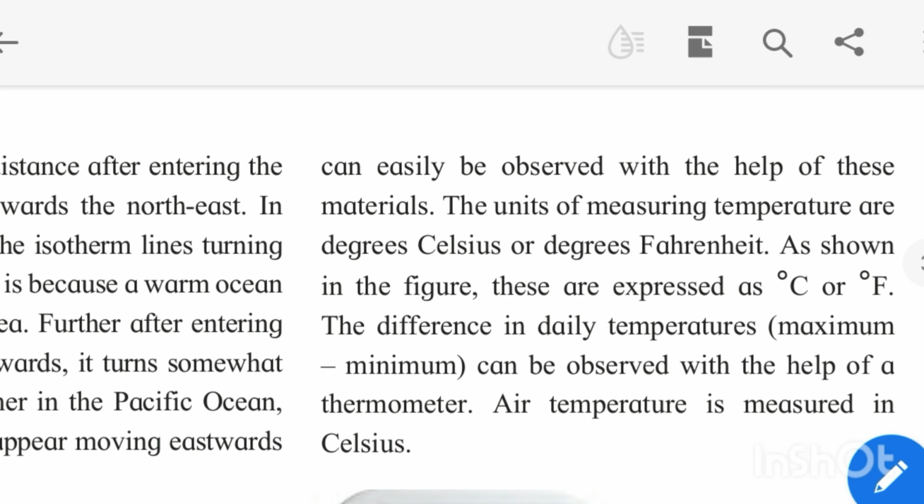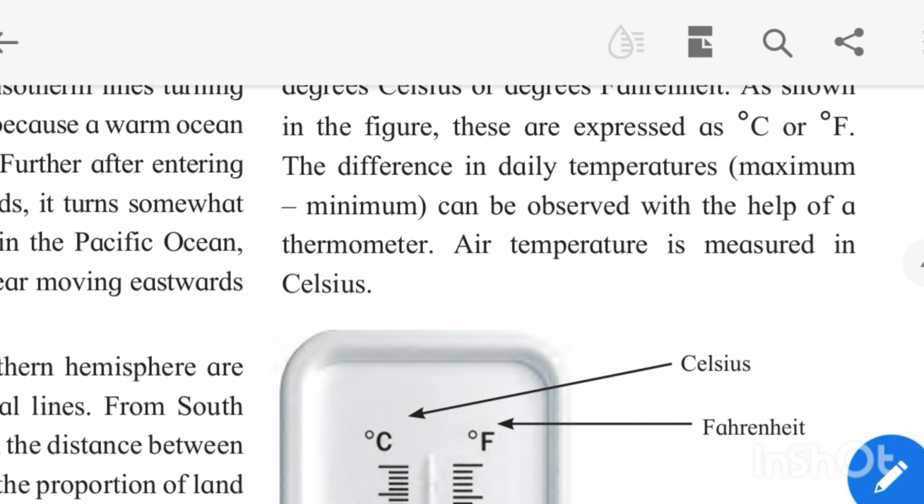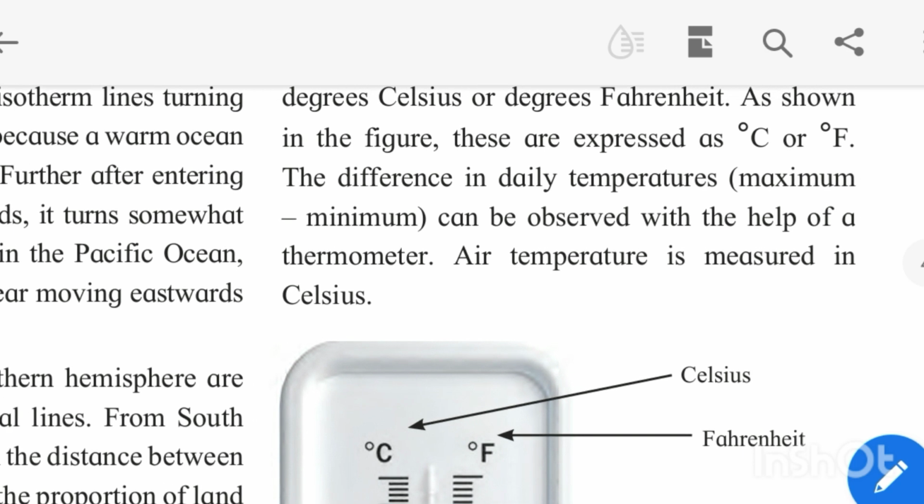As shown in this figure, Celsius is expressed as degree C and Fahrenheit as degree F. The difference in daily temperature, maximum and minimum, can be observed with the help of a thermometer. Air temperature is measured in Celsius. So if we want to check the air temperature, we measure it in Celsius.